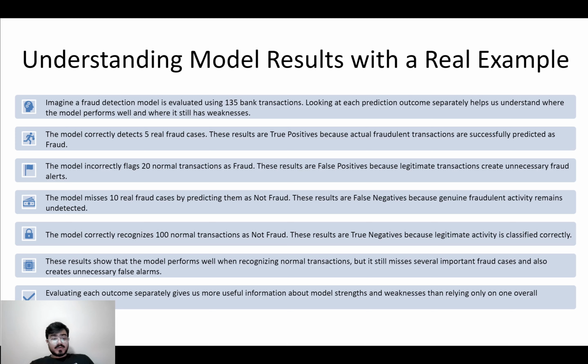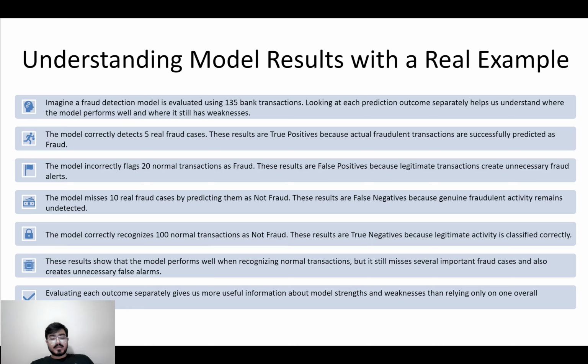After comparing the model's predictions with the actual results, we get four different outcomes. The model correctly identified five fraudulent transactions. These are called true positives because the transactions were actually fraudulent. The model successfully detected them.